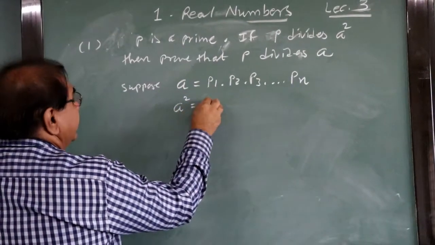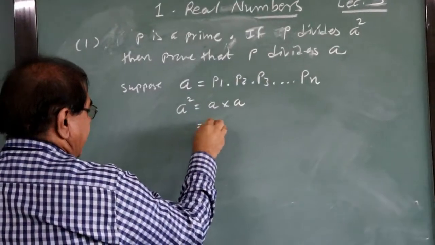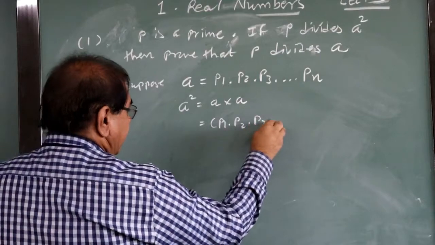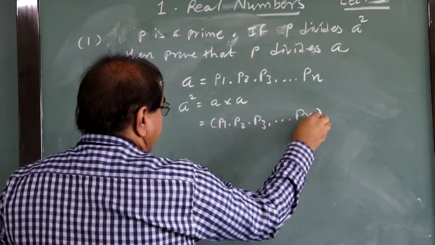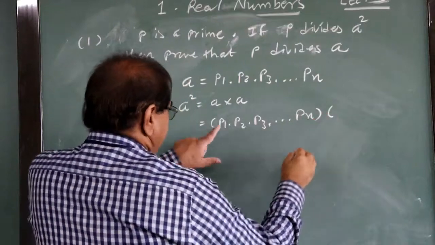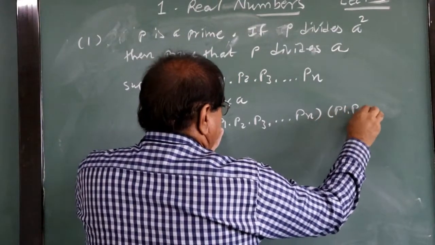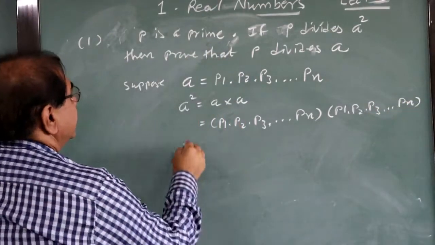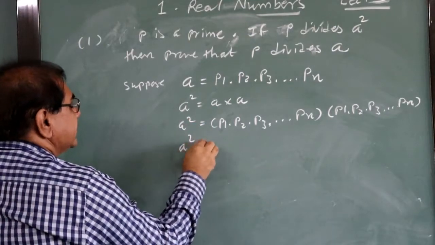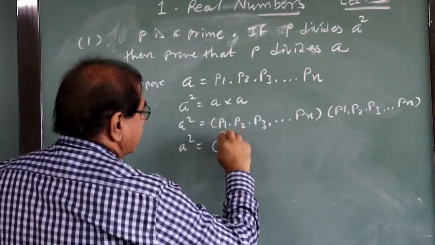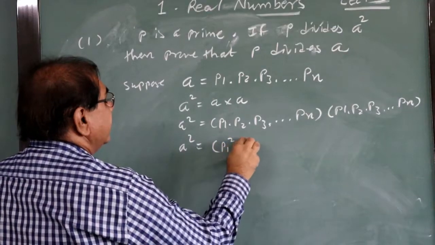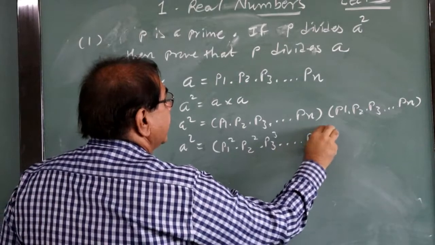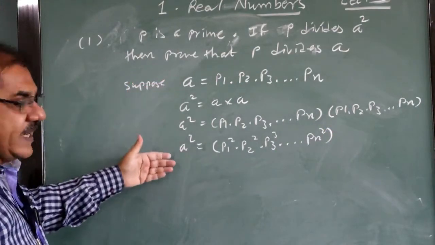If I take the square of it, A square means A multiplied by A. That is, P1 into P2 into P3 up till Pn multiplied by again the same number A, P1 into P2 into P3 up till Pn. So this is A square. That means A square is equal to P1 square into P2 square into P3 square into dot dot dot Pn square. Okay, this is how from A I can get A square.